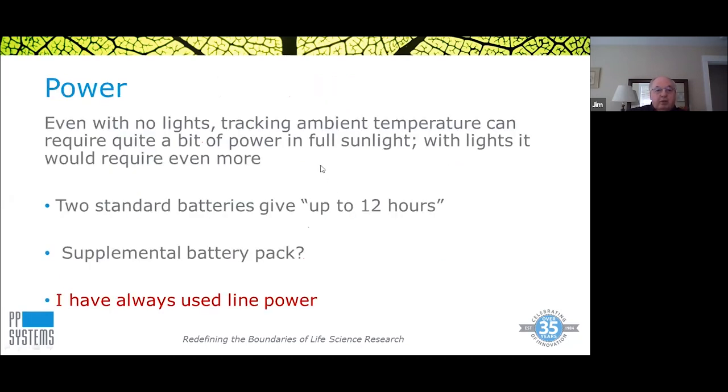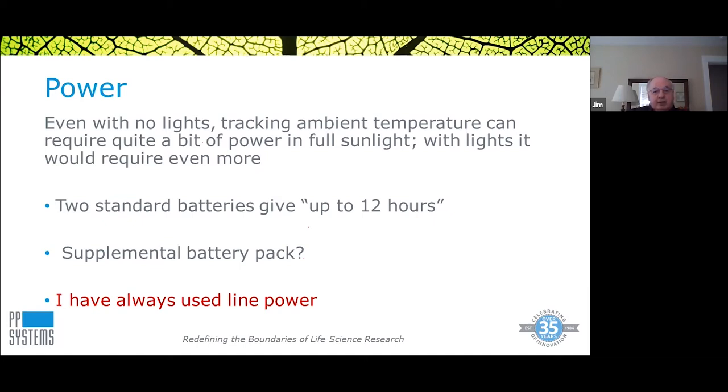All right, so question of how to power the thing. And to be honest, I have always just used line power. I don't have experience trying to operate for a long period of time just on the battery, even with no lights. And the process of tracking ambient temperature can require quite a bit of power in full sunlight. And if you were trying to run with constant light, that would increase your power load even more.